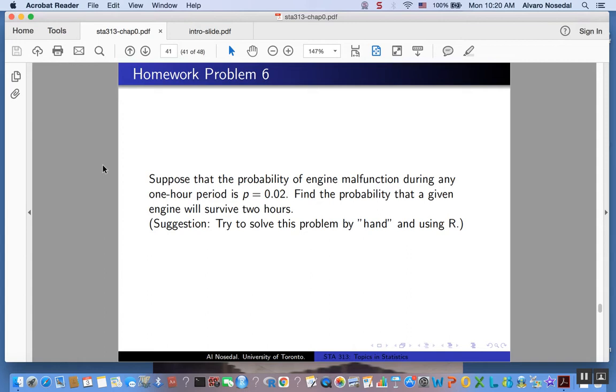What we're given is the probability of an engine malfunctioning, and what we want to do is find the probability that a given engine will survive 2 hours.